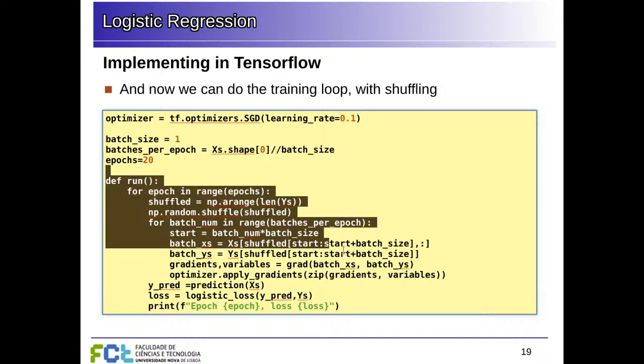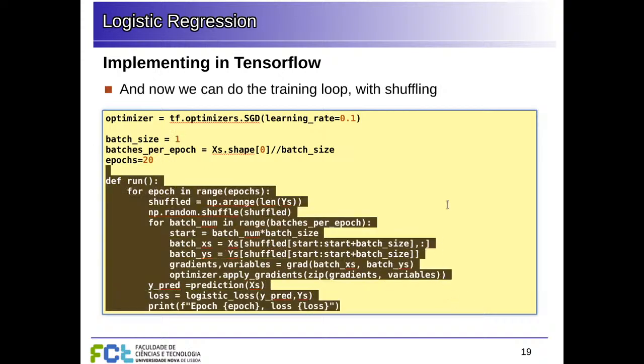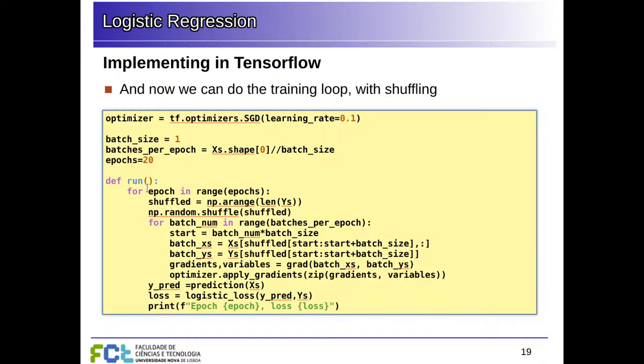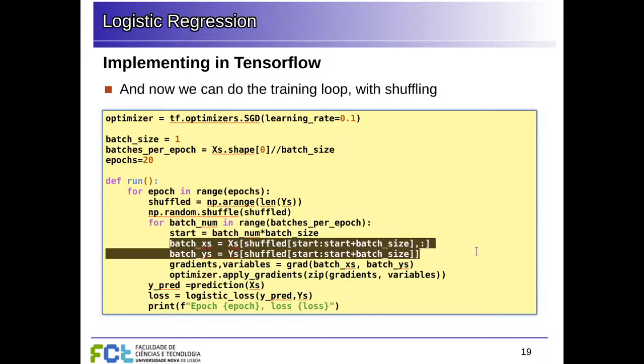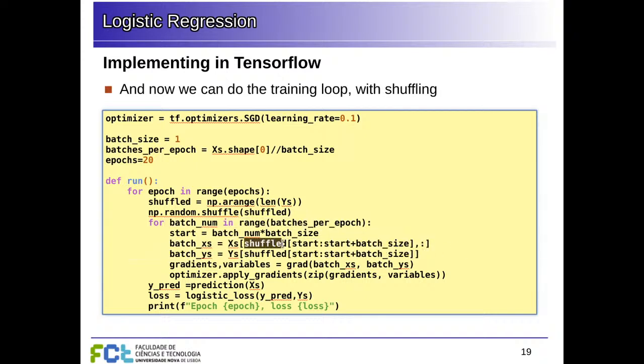But now the actual training of our neuron will be like this. For each epoch, we're going to shuffle the examples, that is, get a set of indexes that are in random order. And then for each batch, we will fetch the examples that we want from the shuffled order that we have.